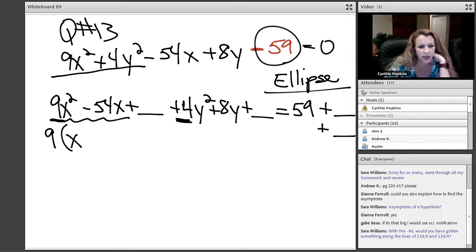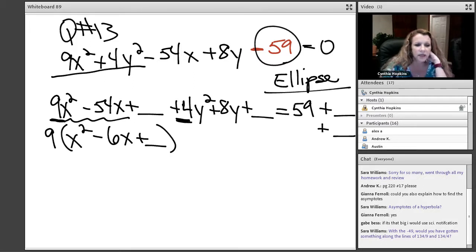And so I'm going to get 9, the quantity, x squared minus 6x, and now inside my parentheses, I am ready to complete the square. Okay, so because my leading coefficient of x squared is a 1, then I go to my negative 6, take half of it and square it, so that's a plus 9. However, this 9 in front of the quantity affects that 9, and so I have to add not 9 to the other side, but 81.